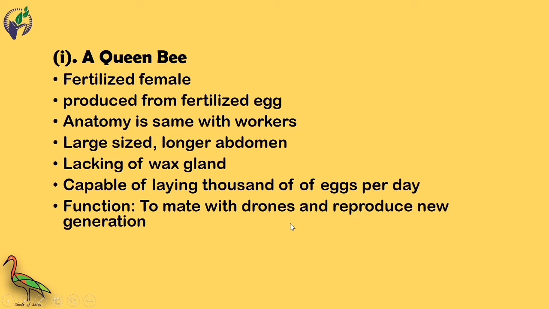Let's start with the queen bee. A queen bee is a fertilized female. Fertilized female means she can reproduce and lay eggs. A queen bee is produced from a fertilized egg.